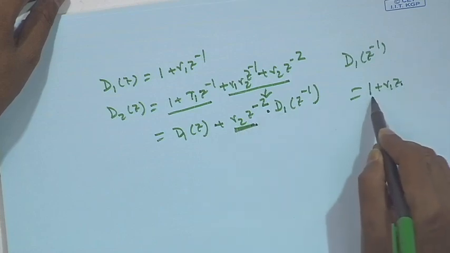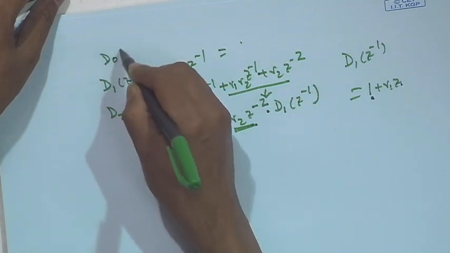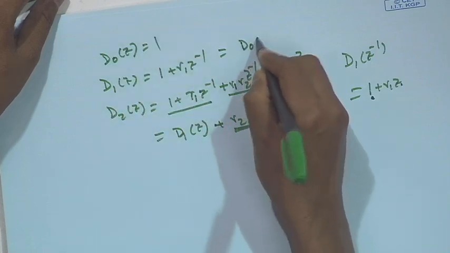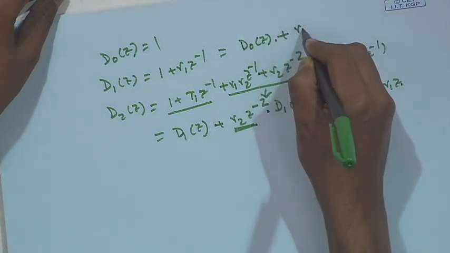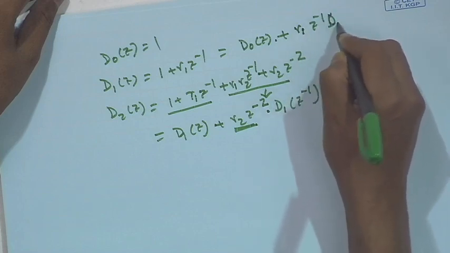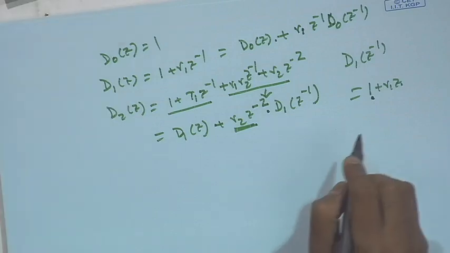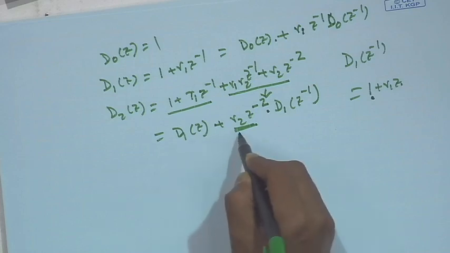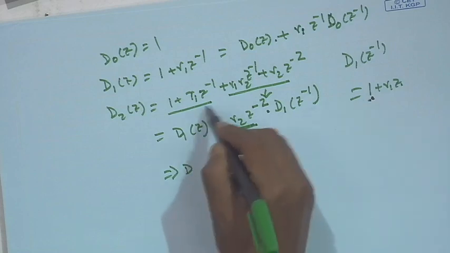So, this can also be written with d0(z), where there is no junction, so it is 1. So, it is d0(z) plus R1 z to the power minus 1 d0 of z to the power minus 1. Similarly, putting the d1 value, the same form will come here.